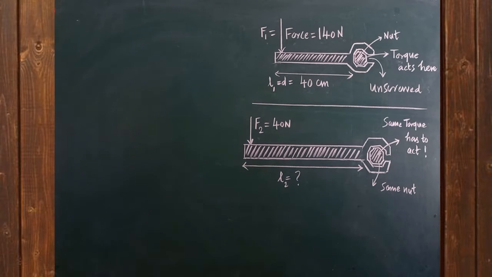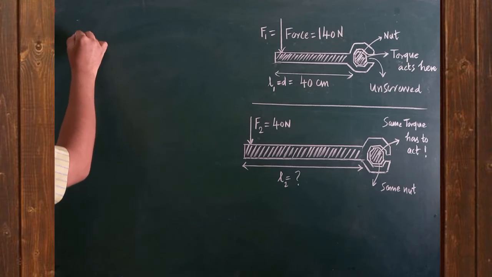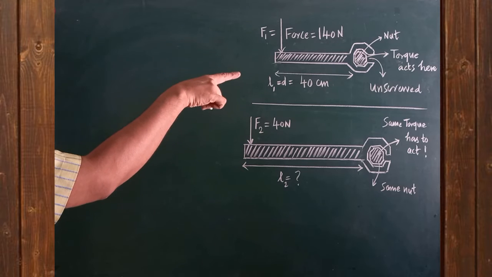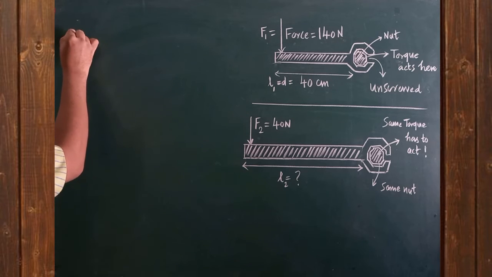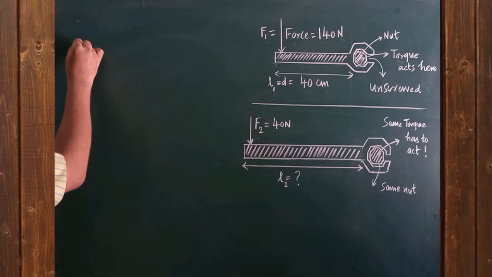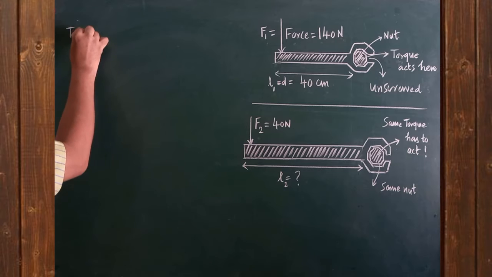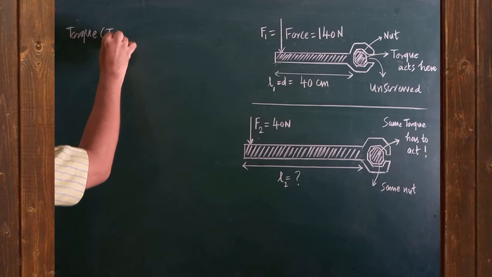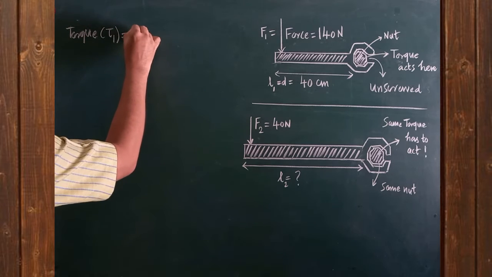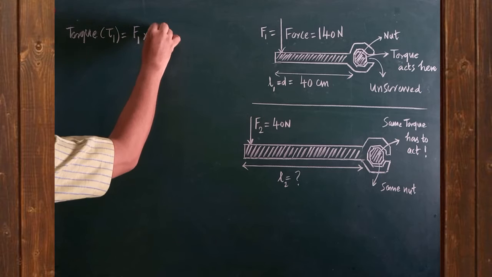How to start? In both cases, the torque value is the same. So the torque acting in the first case and the torque acting in the second case are similar. Therefore, first I will calculate the torque in the first case. Torque τ1 is force into perpendicular distance, therefore F1 into L1.